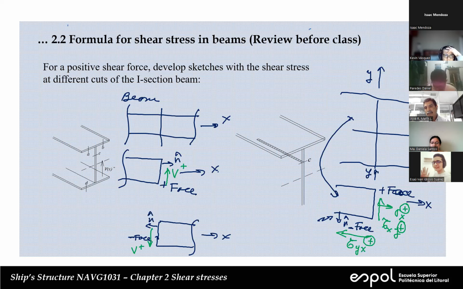And this is also positive. And you see, as I was saying before, this one here tries to rotate in this direction, and this other one will try to make you rotate in that direction. The two cancel each other, and that's why the two have to be equal for this differential element to be in equilibrium, okay?